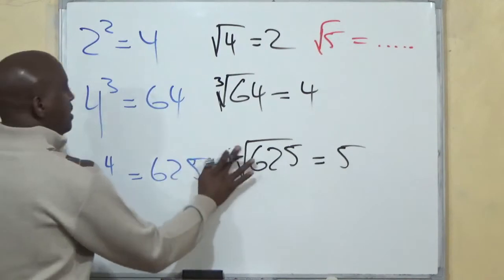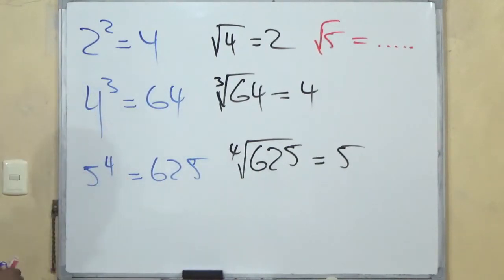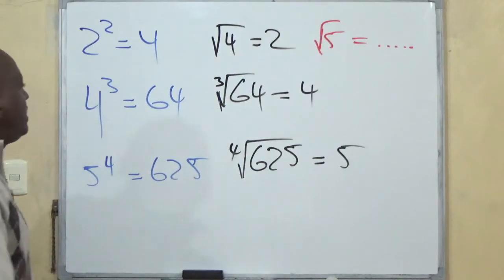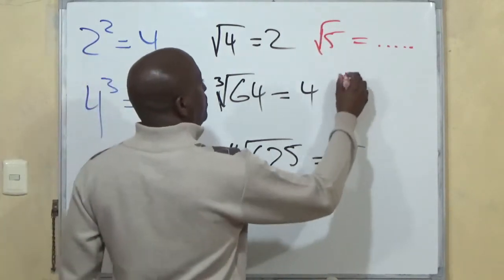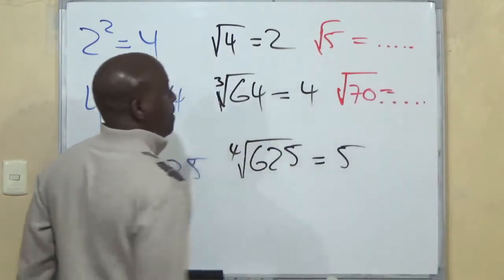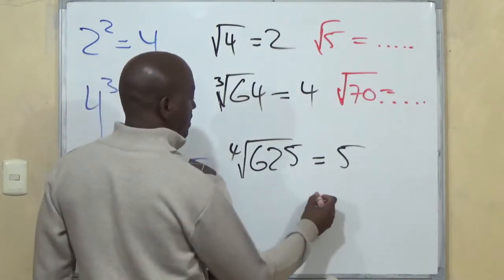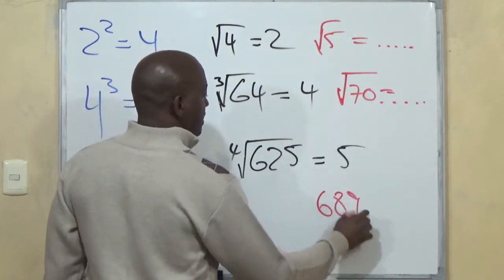And this is supposed to be a 4. Mistake again. Alright, nice. If I say, let me say we want to find the cube root of 70. And let us say we want to find the fourth root of, let me say, 689.